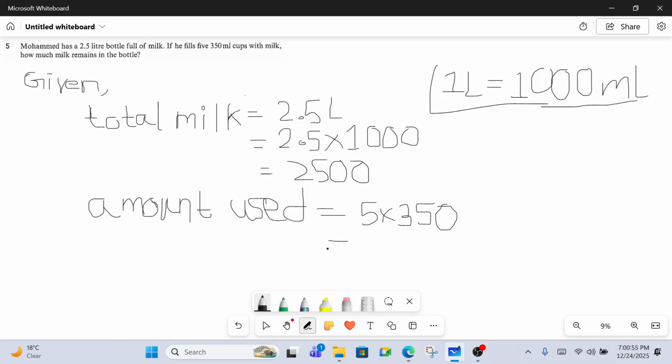Now for those who didn't understand why it was 5 times 350, because it said clearly over here, if he fills 5 cups with 350 milliliters of milk, how much is left? So it's just about the amount. So it's 5 times 350. Just put it in your calculator. So in 5 total cups, he poured around 1,750 milliliters.